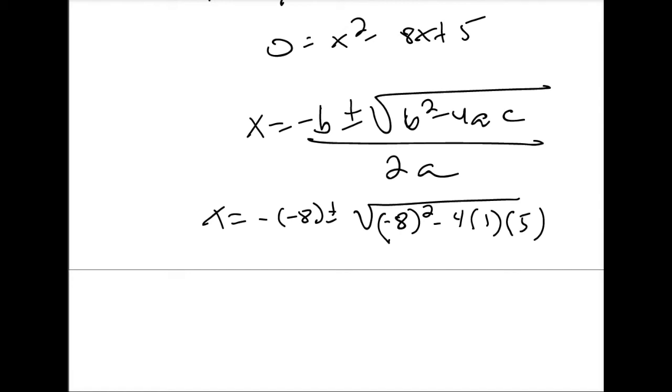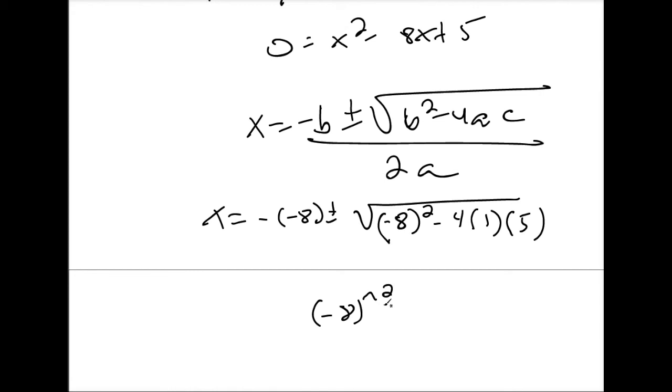Okay, so all you got to do is go to the main screen, not graphing mode, just main screen. Clear, clear, clear. Then type in negative 8 in parentheses. Let me see your calculator. Yeah, okay. So negative 8 in parentheses, then caret 2, or you can use the square button, which is on the very left, fifth one down.